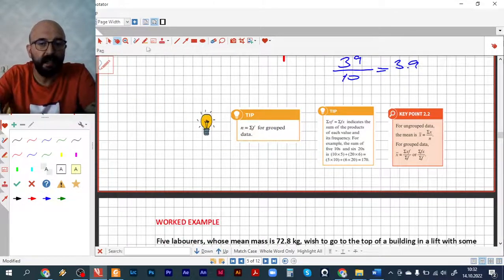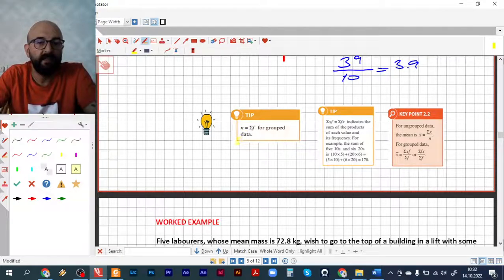And we have some tips. In ungrouped data, it is the number of values; in grouped data, it is the sum of frequency. In grouped data, the sum of x multiplied by frequency is the same as the sum of f multiplied by x, frequency multiplied by x.